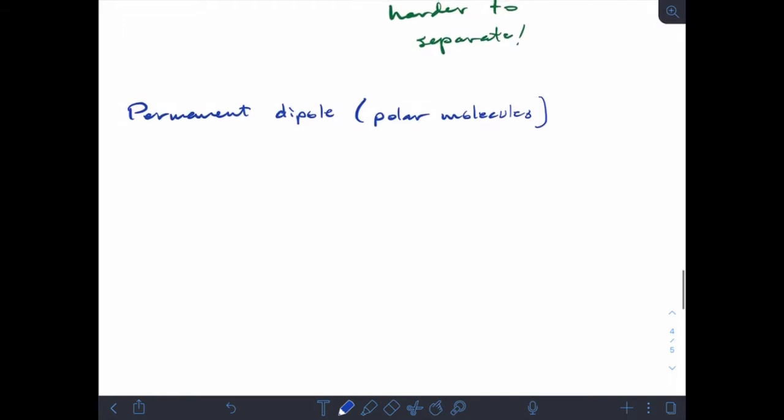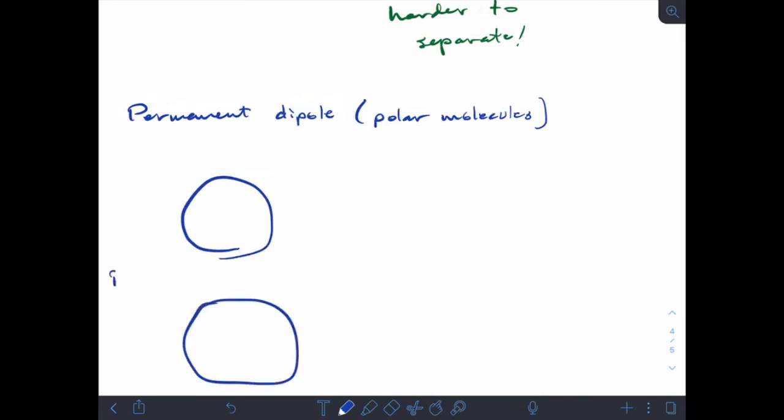So if I have a pair of polar molecules, that means that I have a permanent positive and negative end to these things. So I get my attraction here.